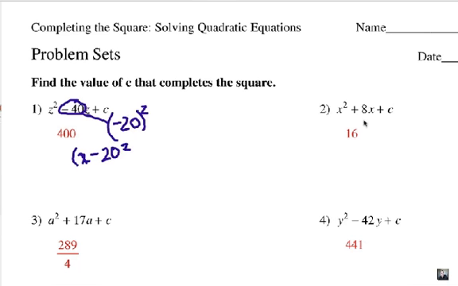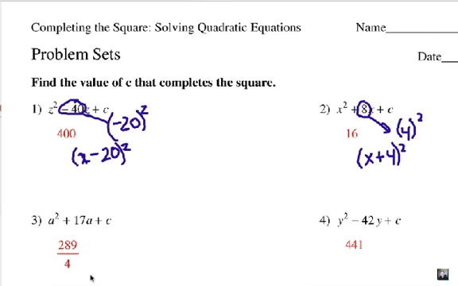All right, next, this is a positive 8. What's half of that? Yep, 4. And then we square it to get 16. If we had 16 right there, we would be able to write that trinomial as a squared binomial, and it would be x plus 4, quantity squared.